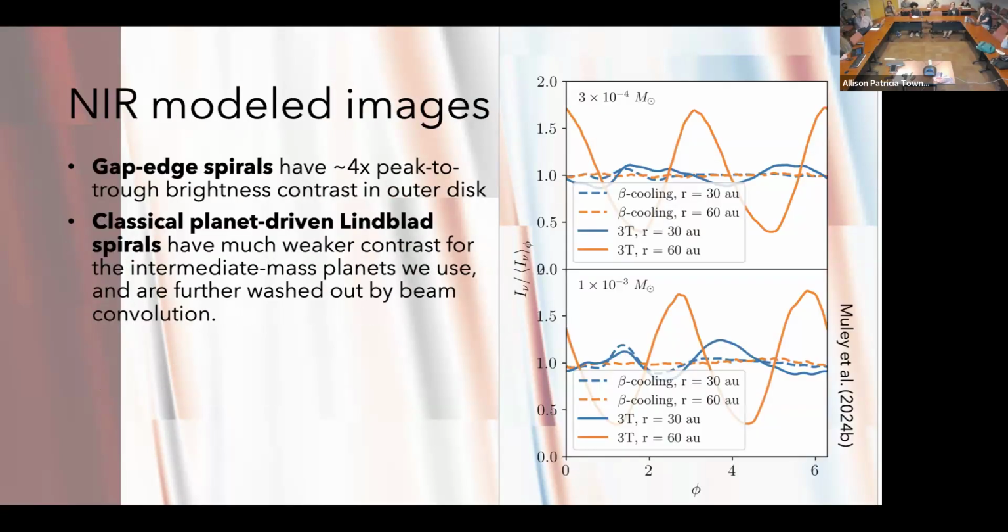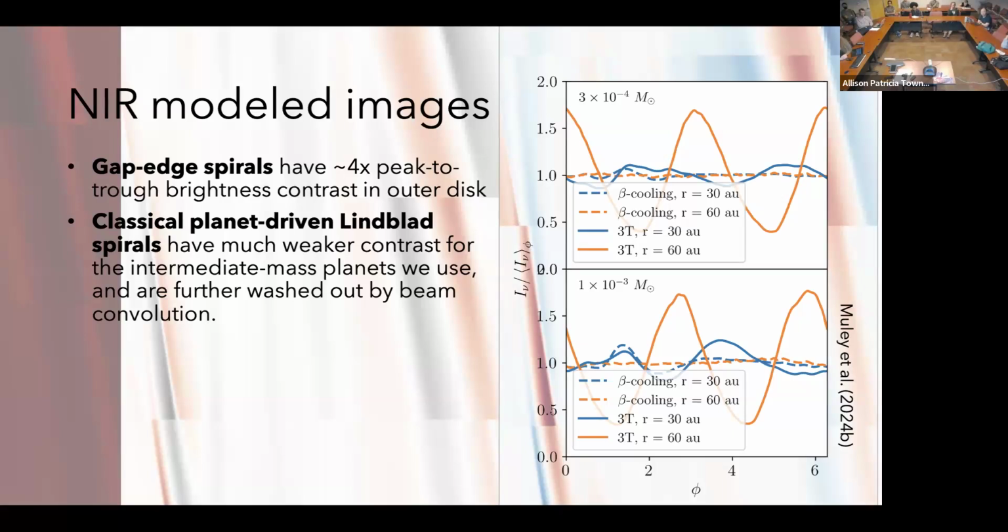This definitely needs a lot more work, a lot of testing with different radiative transfer methods, higher resolution, and so on. But I think it could be an interesting hypothesis for the formation of these multi-arm spirals without needing massive multi-Jupiter mass planets.